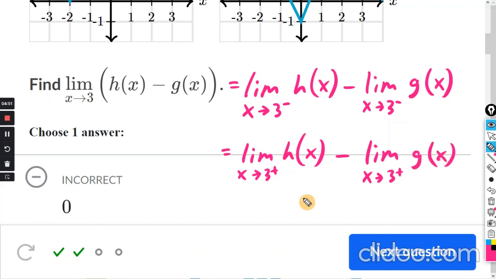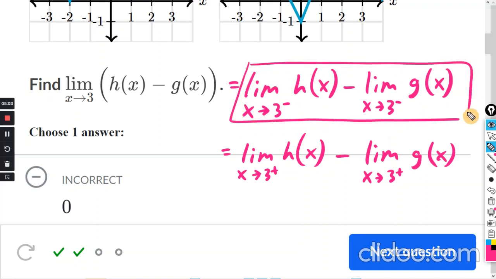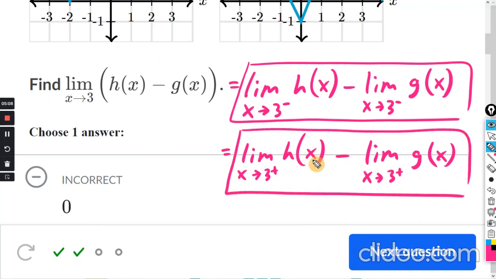So if you get does not exist, we can do one-sided limits, but you have to do both the negative side and the positive side, and they have to equal each other. If they don't equal each other, then it does not exist.